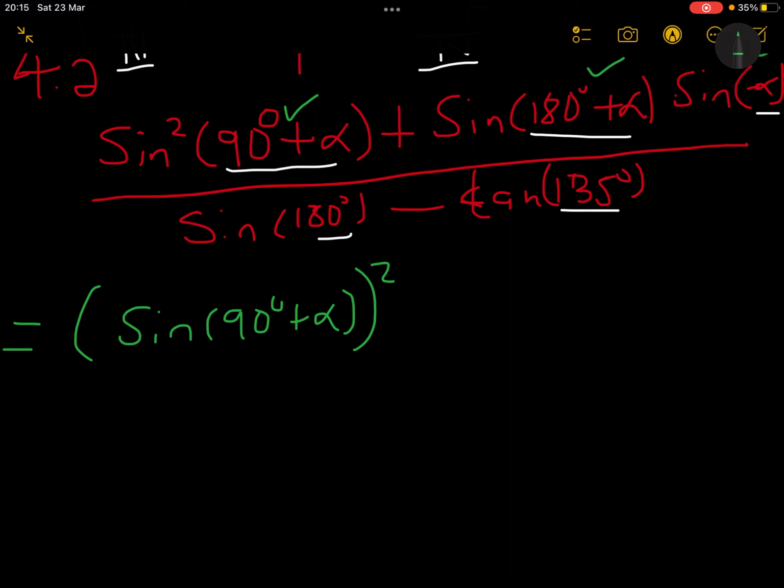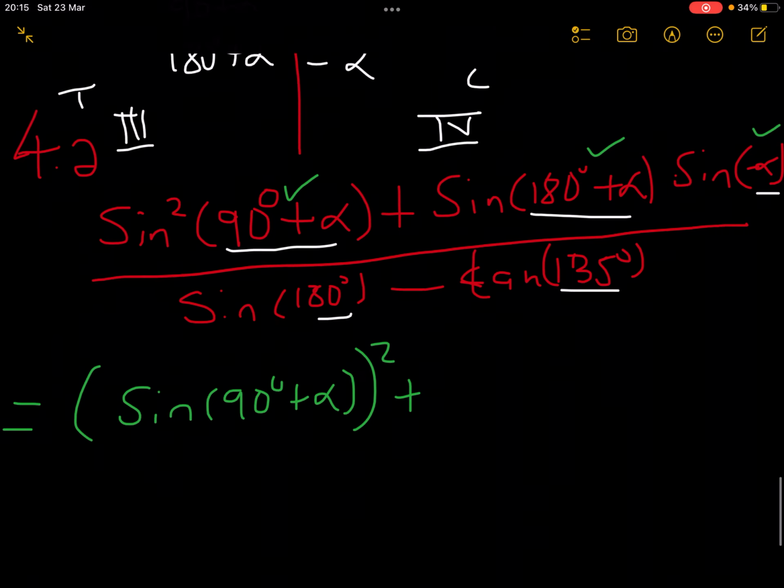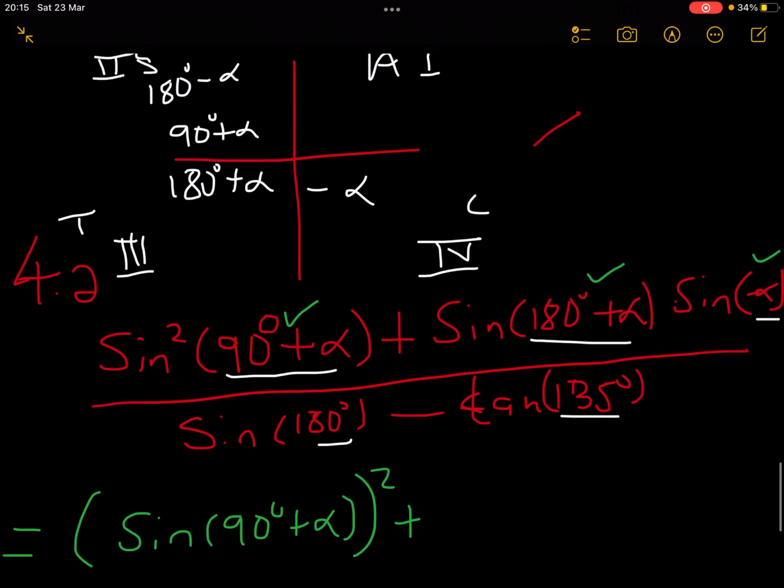Then for sine of 180 plus an angle, that is found in the third quadrant, which is the home for tan, which means tan is positive.